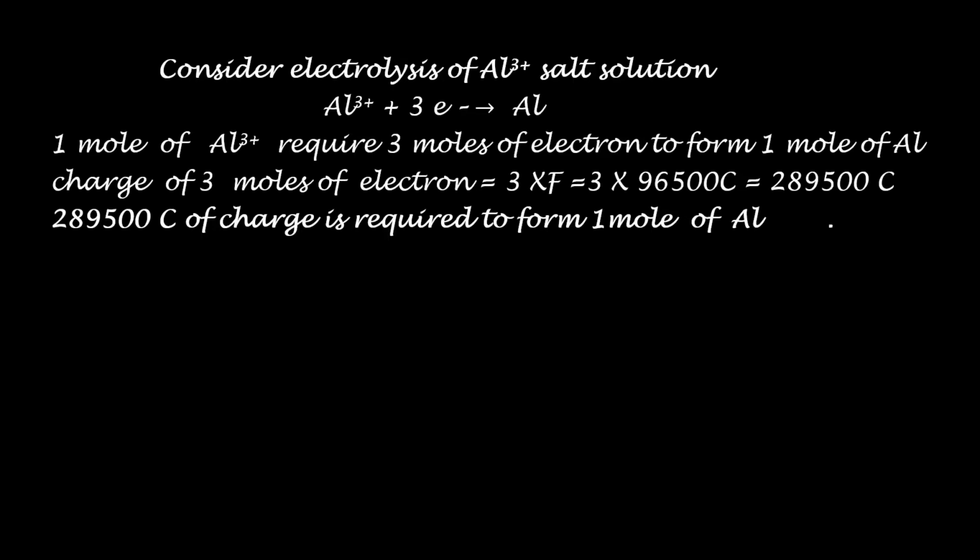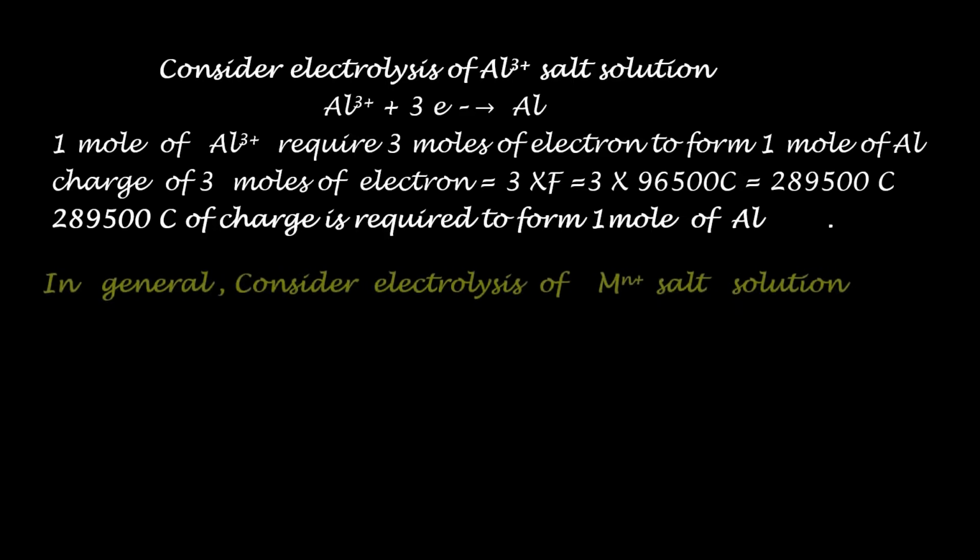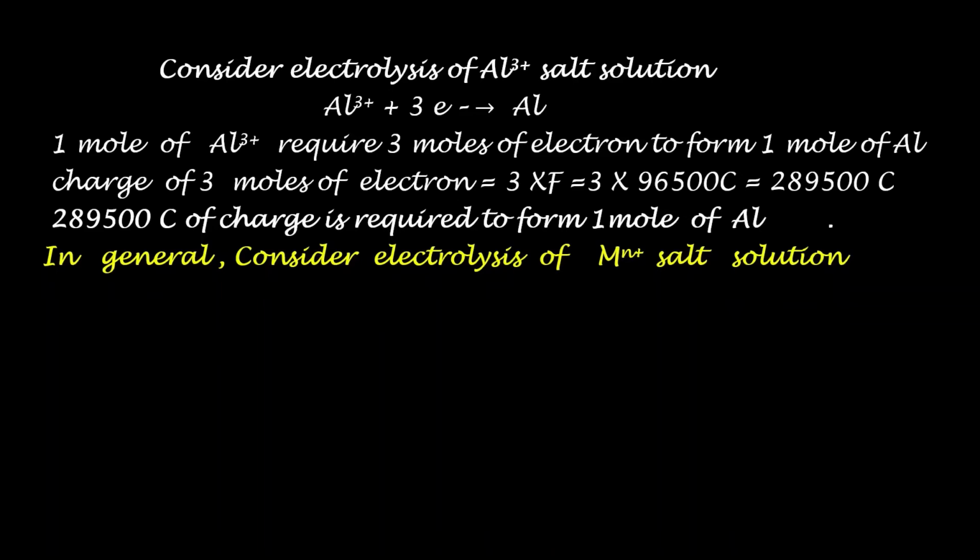Okay. Now in general, let us consider electrolysis of the Mn+ salt solution. Here the Mn+ salt solution contains Mn+ ion, which is the cation. Suppose M is the metal, then the metal will lose n number of electrons and form Mn+ ion, and this Mn+ ion will be present in the solution of the metal salt. Being a cation, it will be attracted towards the cathode, and at the cathode this Mn+ ion gains n number of electrons to deposit 1 mole of the metal.